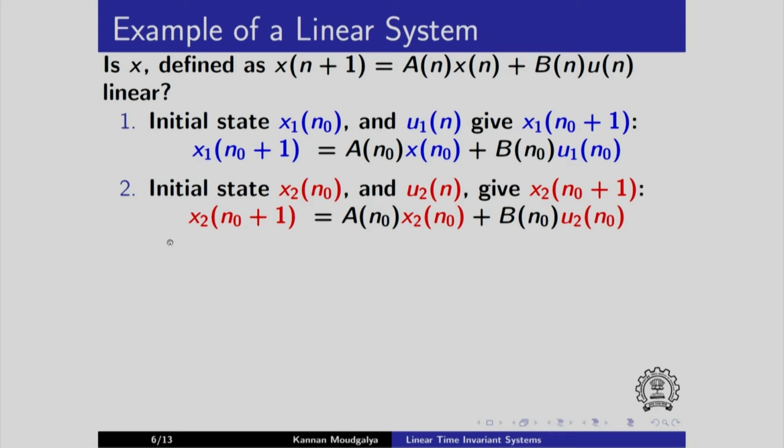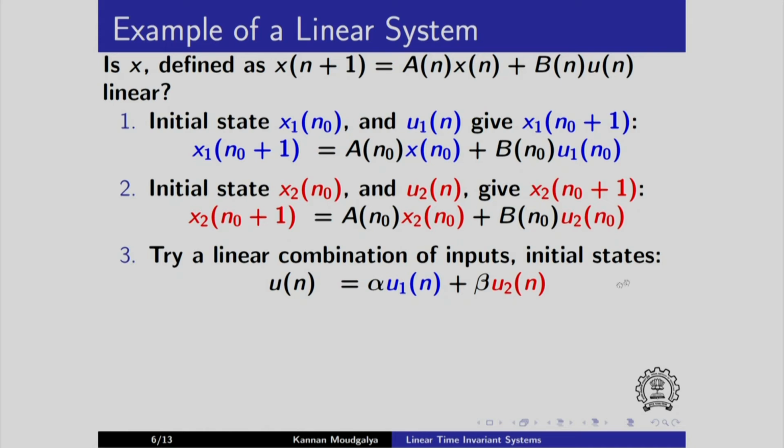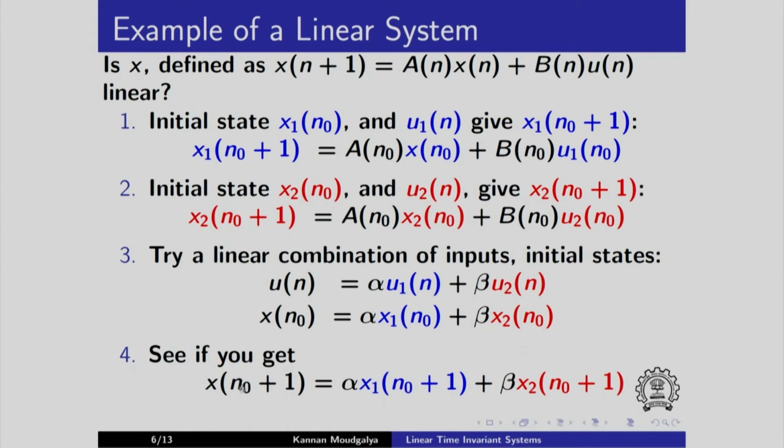Now, to show that it is linear, I will take a linear combination of this input u, and I will take the same linear combination of the initial state x. So, what do we have to show? We have to show that x of n0 plus 1, that is, if I apply these two, I get the corresponding next state to be this.